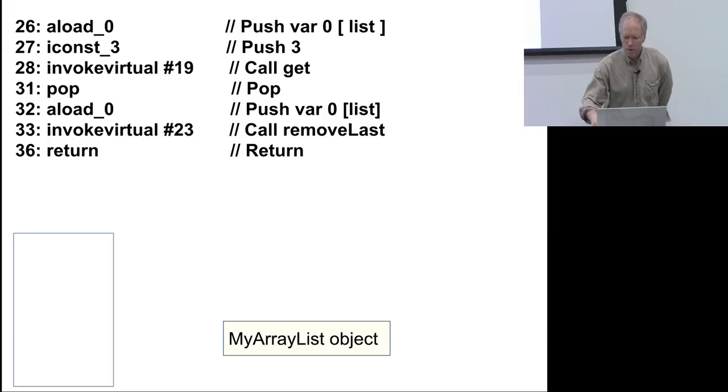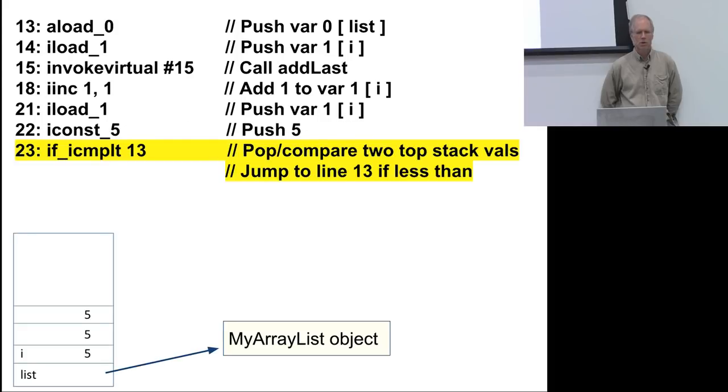In fact, this sequence of bytecode here is a loop. So loop implies repetition. So what instruction is it that makes it into a loop? Hmm? The one that says jump back to 13. Yeah, this one right here that says, depending on the outcome of the comparison, either continue on, i.e. leave the loop, or go back to the beginning.